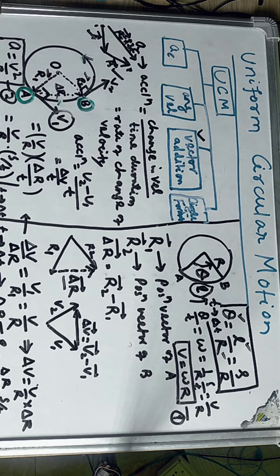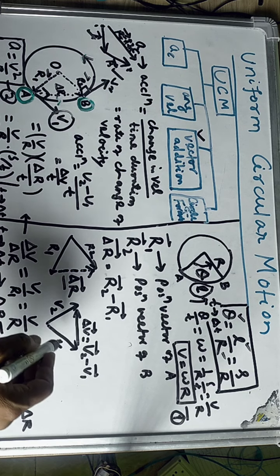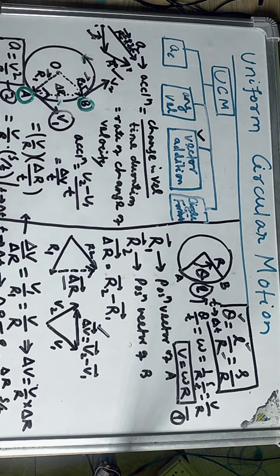Another triangle formed is V1, V2, that is, the velocity of the object at position A and the velocity of the object at position B, and the resultant is delta V. Delta V becomes V2 minus V1.